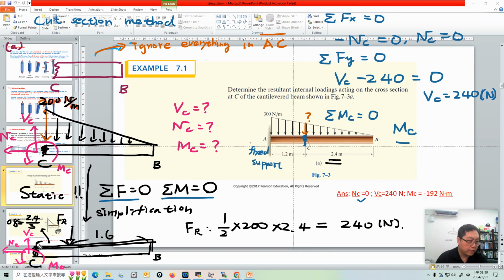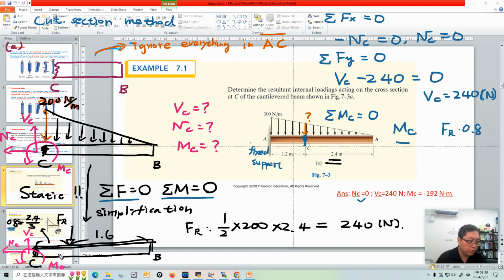VC and NC won't create a moment at this C section, but FR will create a moment. FR is pointing down, its moment arm is 0.8, so it's FR times 0.8.